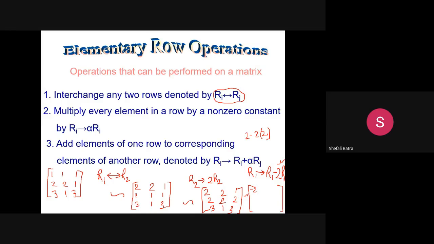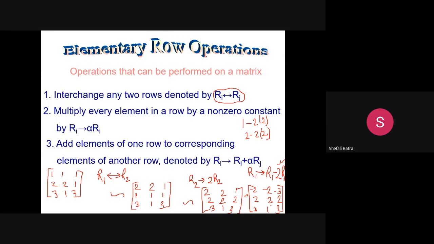Similarly, the next, same entry, so it would be minus 2. And then 1 minus 2 times the entry of the second row, that is 2. So 1 minus 4 would be minus 3. And then 2 as it is, 2 as it is, 2 as it is, 3, 1 and 3.